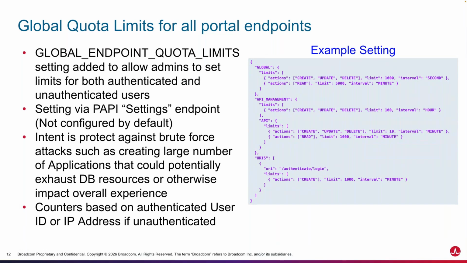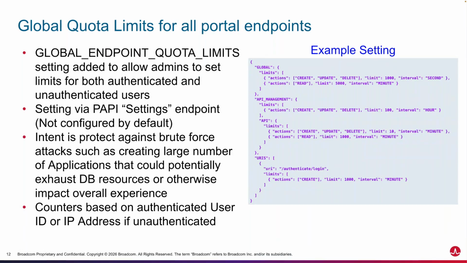So you can either apply global limits, and it could be actions like just create, update, delete could have a certain limit, or a read action could have a different limit. You could break it down into, say, the API management section, right? Give specific limits for API management as a whole, or even within the API management section, the specific limit to APIs themselves.